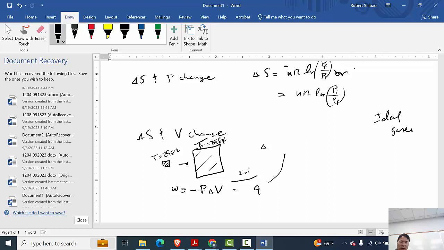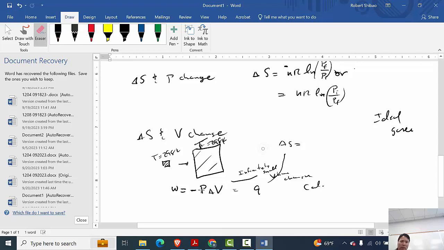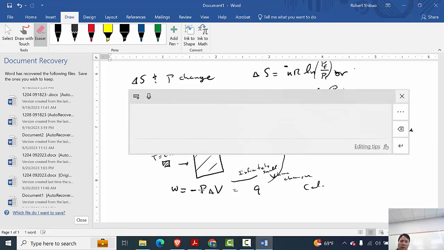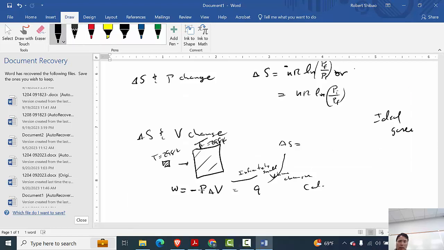And then we're going to come up with the equation that delta S equals n R ln of V final over V initial.